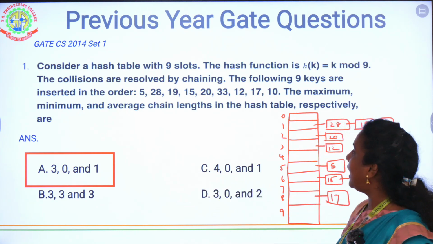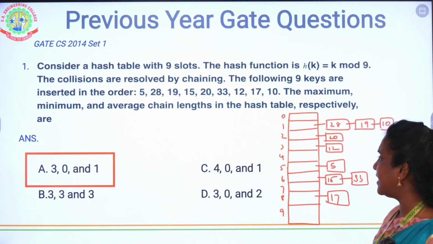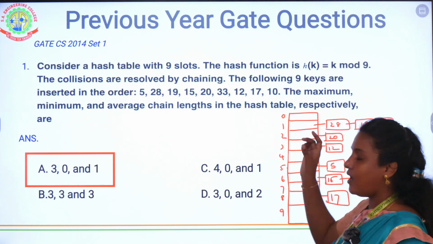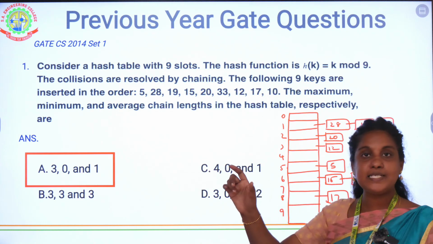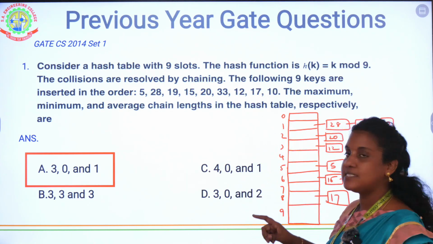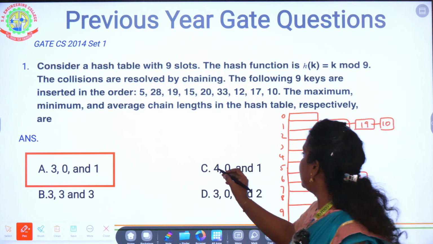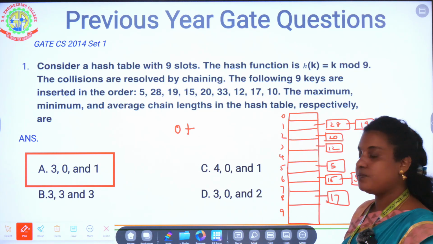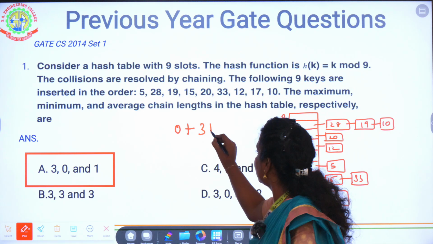So the minimum is 0. For the average chain length, you have to check how many data elements each index position holds. At index 0, 0 elements. At index 1, 3 elements.